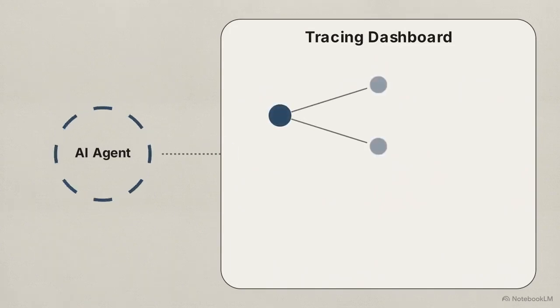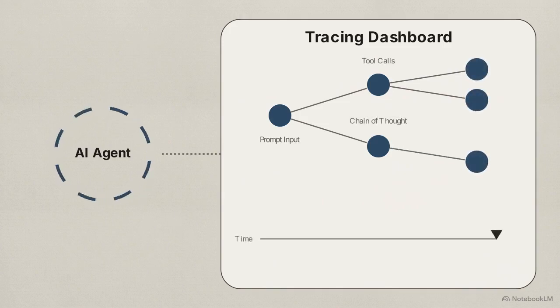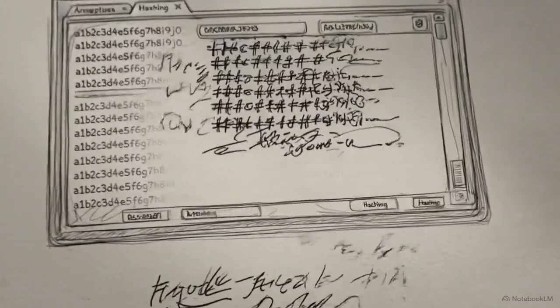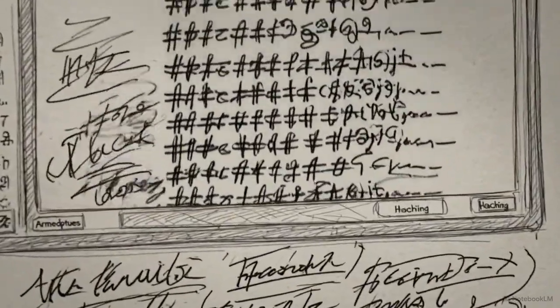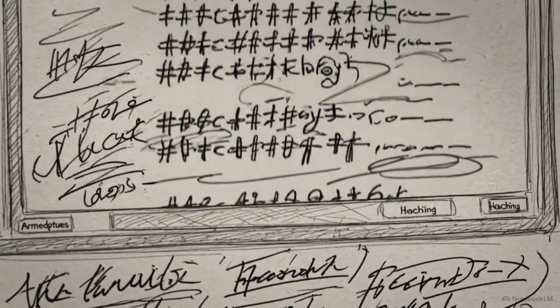This records the exact chain of thought, the specific tool calls, and the exact prompt inputs the LLM utilized at every single node. When an error occurs in production, you can visually replay the agent's entire decision tree to pinpoint the exact moment the hallucination started. Without deep observability, a non-deterministic system cannot be reliably managed or scaled. Every single error becomes an unsolvable mystery.